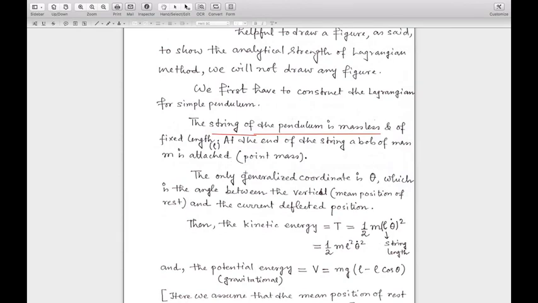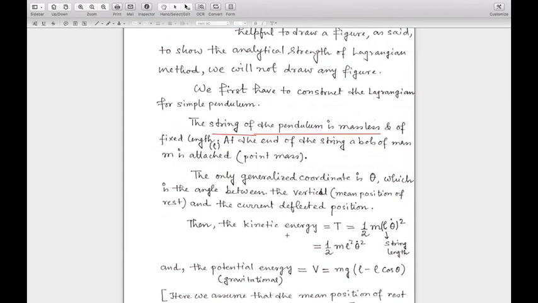We can also understand that the only generalized coordinate here is theta, because the length is fixed. So once again this is a problem with 2D polar coordinates, as I discussed in lecture number 4.